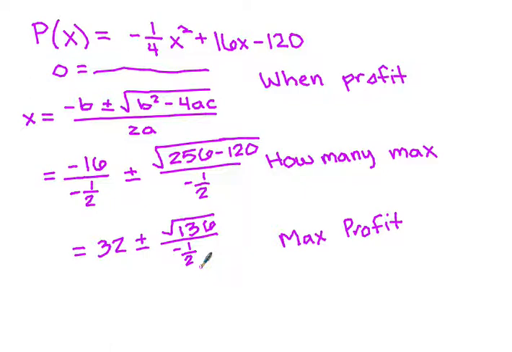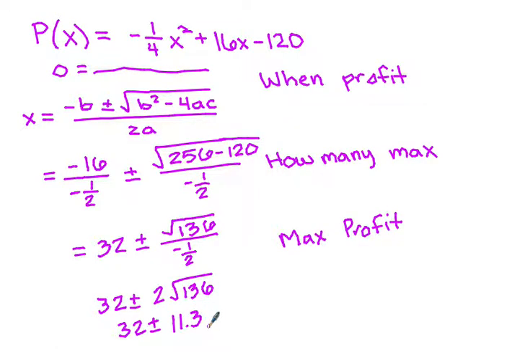So it actually kind of disappears, and dividing by 1/2 is the same as multiplying by 2. So this is the same as 2 radical 136. And with the decimal approximation, I believe it ends up being like 11.3.